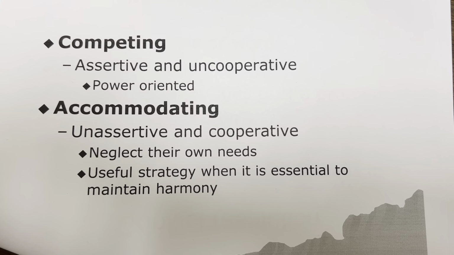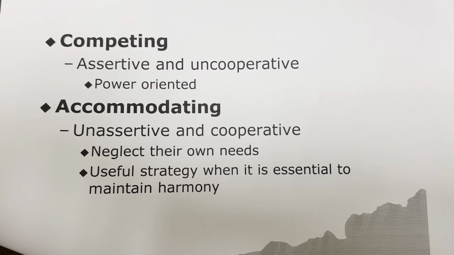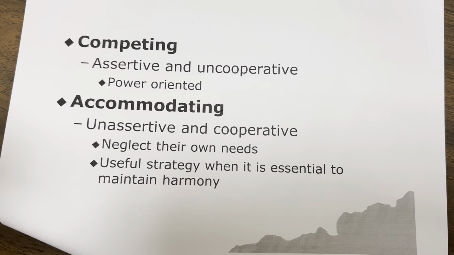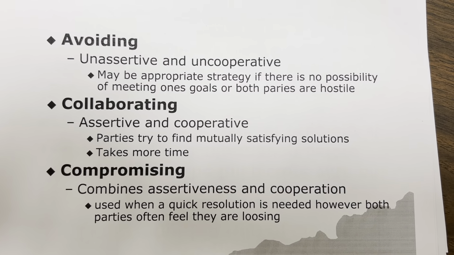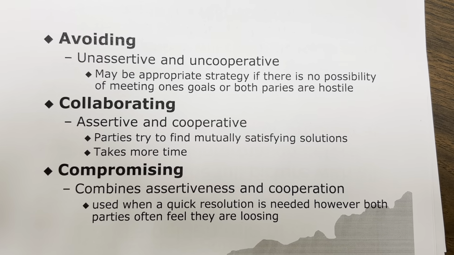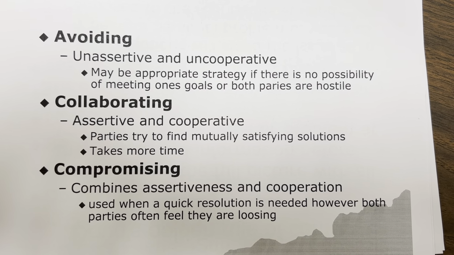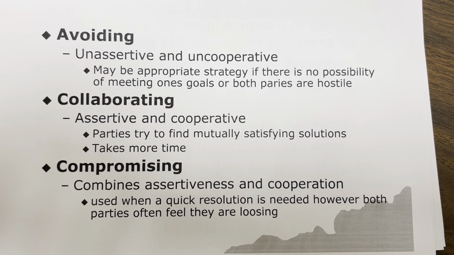Accommodating: unassertive and cooperative, neglect their own needs, useful strategy when it is essential to maintain harmony. Avoiding: unassertive, uncooperative, may be appropriate if there is no possibility of meeting one's goals or both parties are hostile.